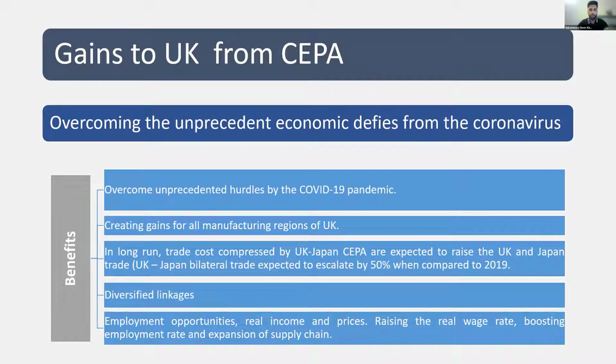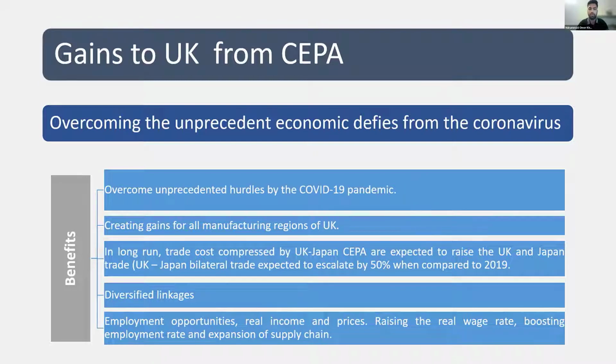The UK economy dropped, unemployment increased, economic productivity decreased, and other economic indicators worsened. So what are the benefits expected from this agreement? The first one, as I discussed, is to overcome the hurdles caused by COVID-19. The second is that it would create gains in all manufacturing regions, especially Scotland, Ireland, and so on.